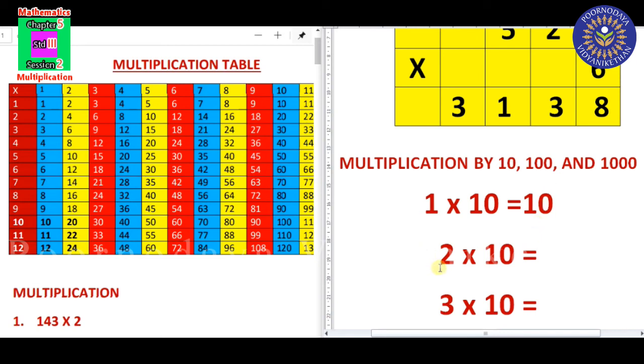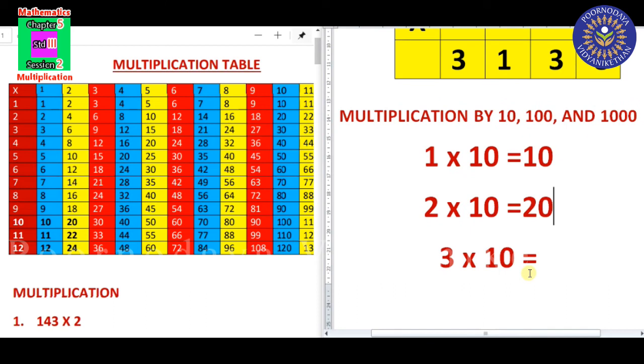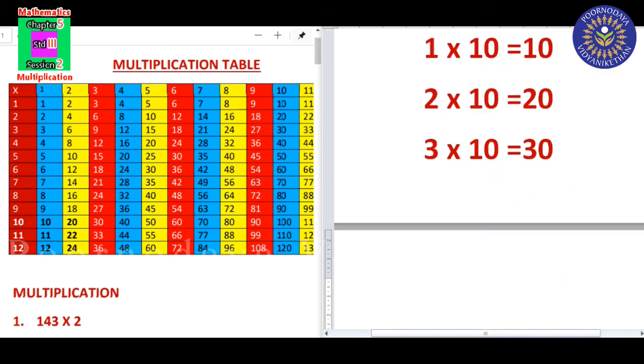Clear? Then next 2 into 10. What's the answer? 20. Write 2 itself and put 1 0. See here. Now what is 3 into 10? Write 3 itself and put a 0. See here. 10, 20, 30. So what is 4 into 10? 4 into 10 is equal to, yes, write 4 and put 1 0 also, 40.